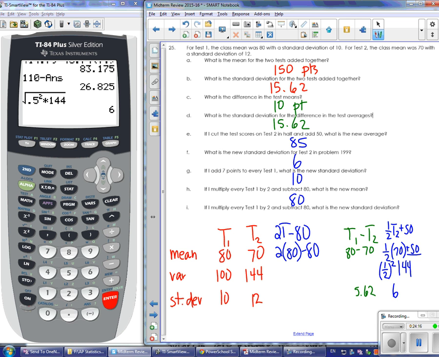And same thing, if I wanted to find the standard deviation, I still have to work with the variance. But remember, if I'm multiplying by 2, I've got to square it, then multiply it by the variance of the test. But I'm not going to subtract the 80 because it's not going to change the spread. So basically, I'm going to have 400, and the square root of 400 is 20.